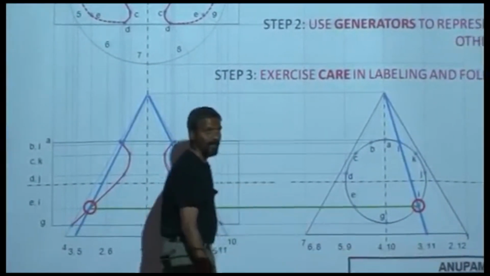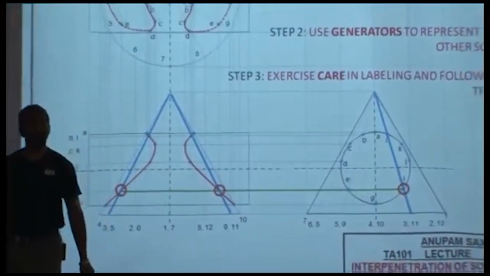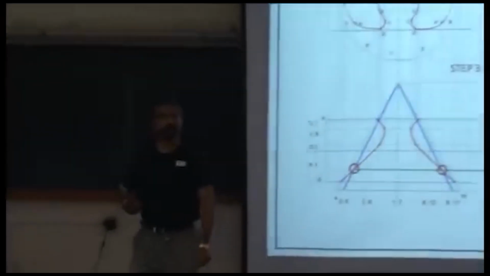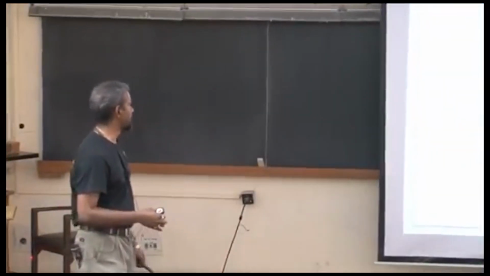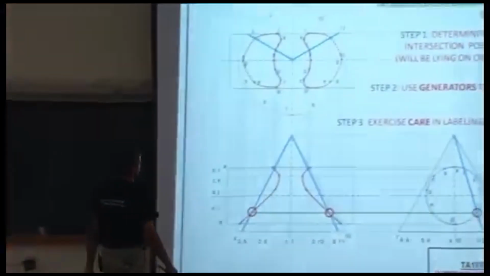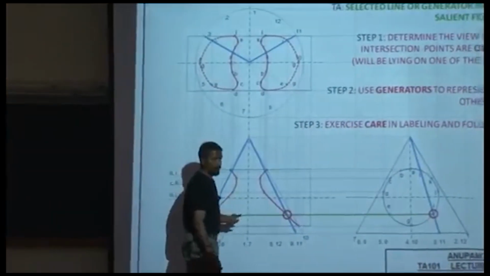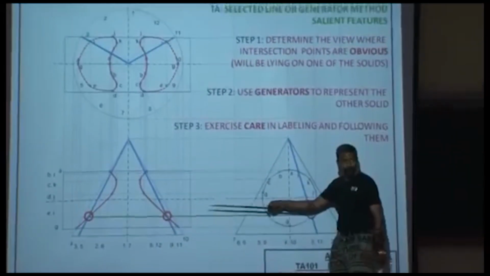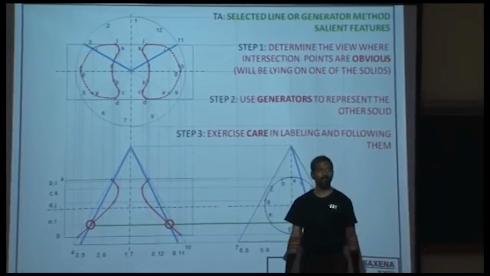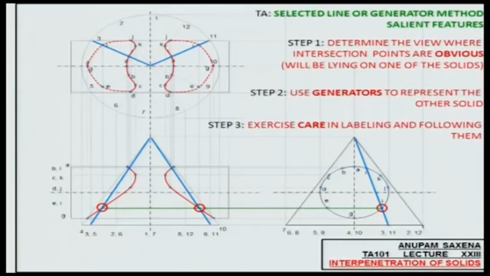Now which of these generators, 3 or 11, is towards you? Is it 3 or is it 11? Okay, if you stand here and look at this view, which one of these will be towards you?